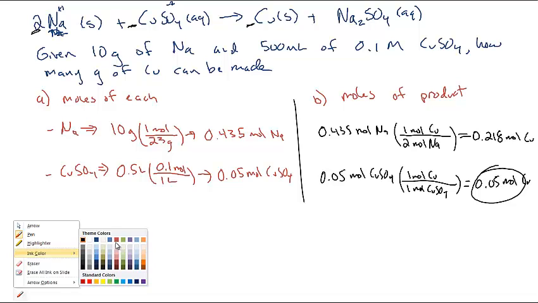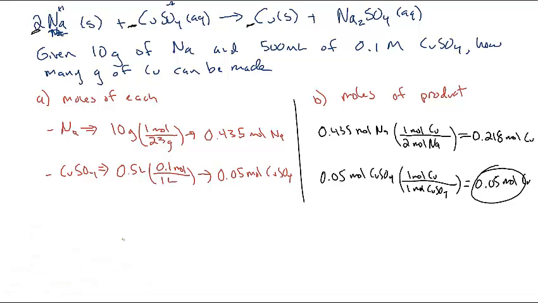So limiting. Now, I can ignore the sodium because I know that I'm still going to have some of that left. So now you use the copper sulfate. I know I have 0.05. I know I can make that many moles of copper. So I want to figure out how many grams that is. So I look at the molar mass of copper.